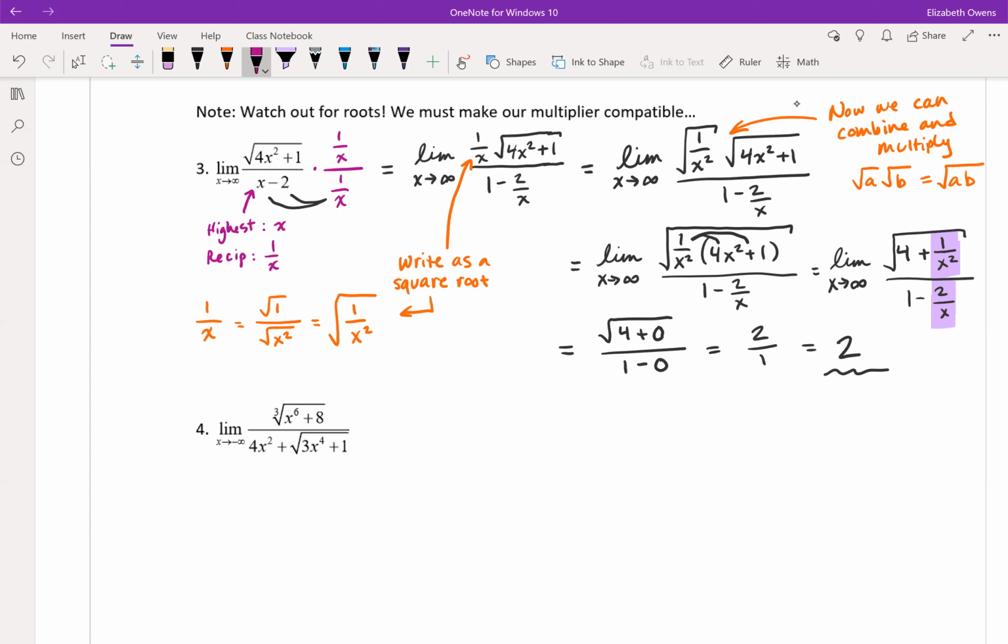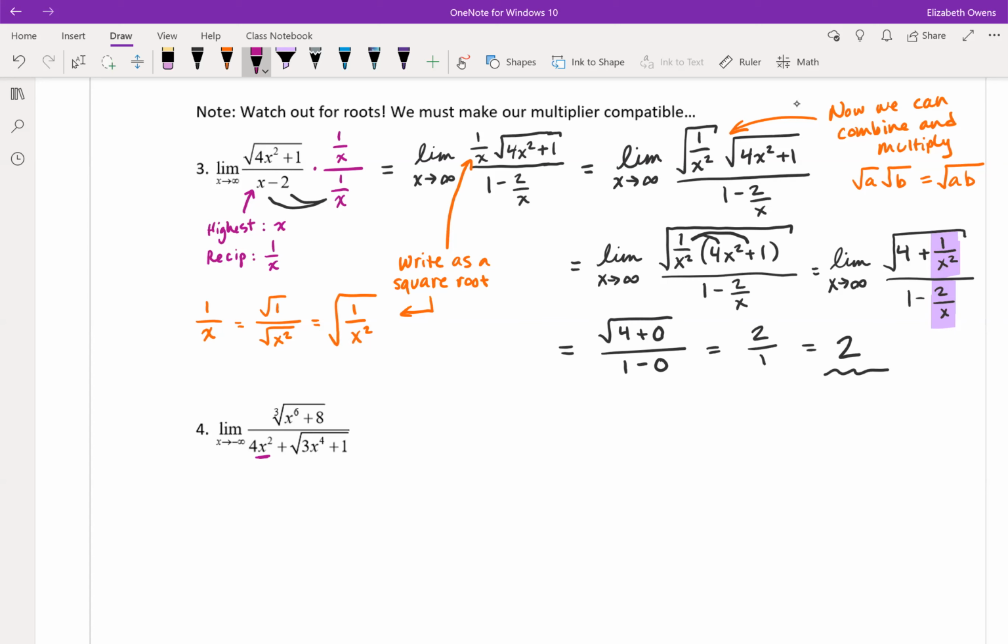Okay. And the first thing we've got to do is determine the highest power of x in the denominator. Now this one is a little trickier than the previous because this is not just a standard polynomial down in the denominator here. So we do see that we have a power of x squared in this first term, 4x squared.